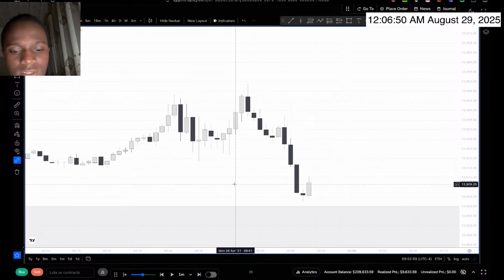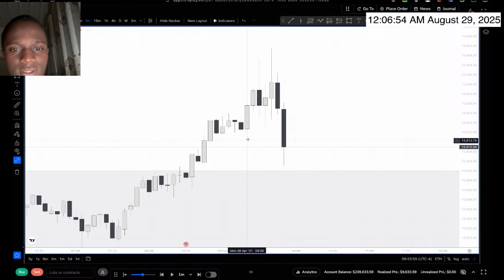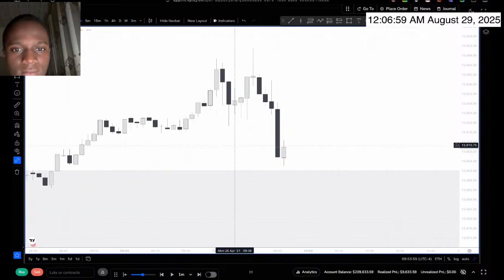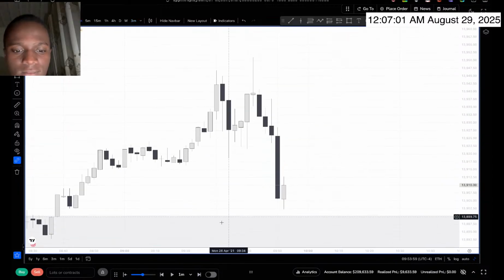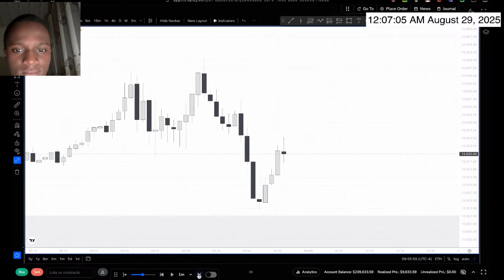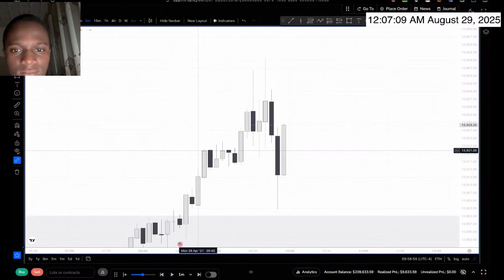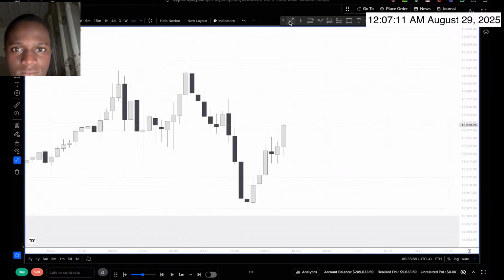Okay, baby, this is what I was waiting for. 15-minute drops into this fair value gap here. So first look at this corner here, close above it, these sharp retracements.